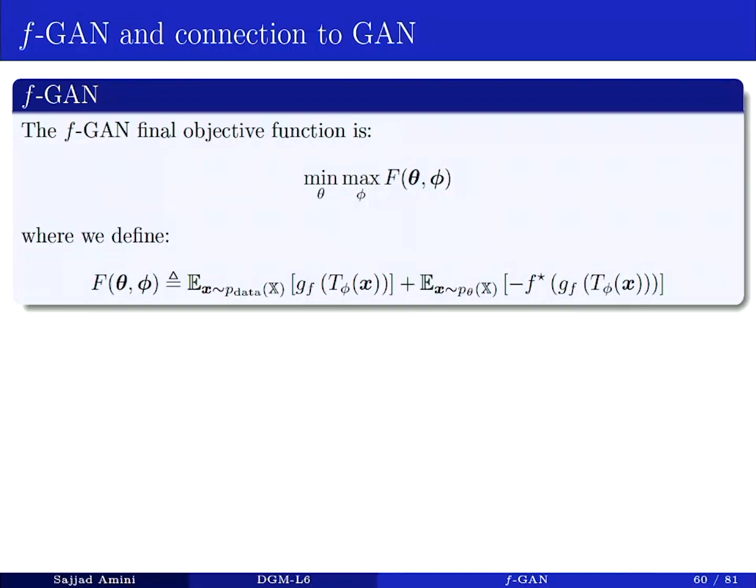Okay, and you can easily check that this is the optimization for f-GAN. You want to maximize with respect to phi. Why? Because you want to find the best t of x. So you want to maximize with respect to phi, and you want to minimize with respect to theta because you want to train your model. And the maximization of f can be a new distance metric.